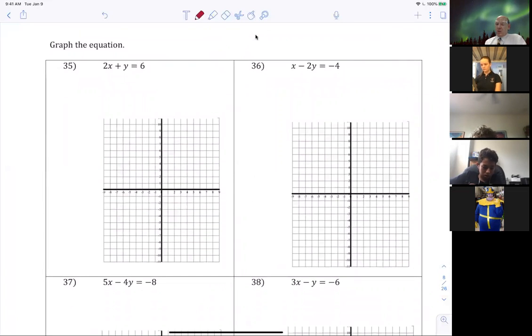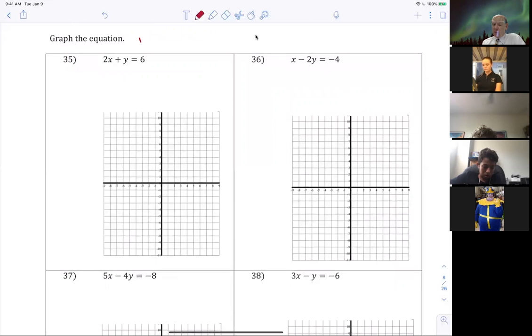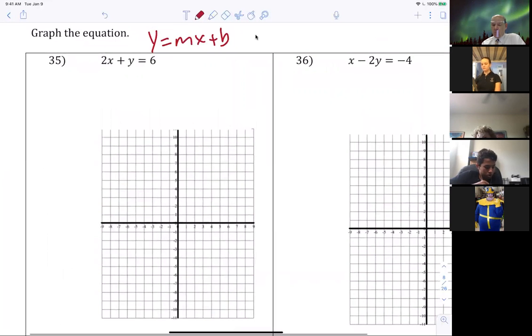All right, so now when we're graphing, remember we have to put it into y equals mx plus b. All right, so Miss AC, what do I have to do first on 35? Right, so y equals, remember?